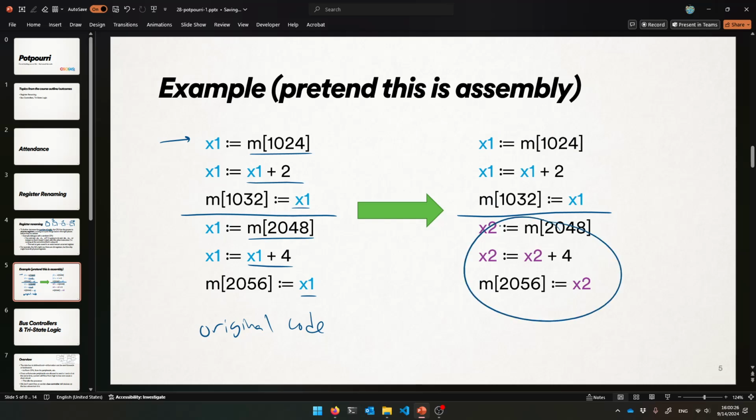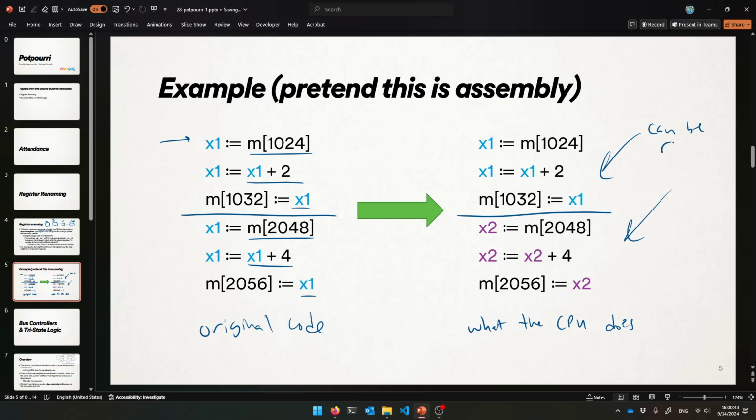So let's just call this X2 instead, and now this can be parallelized. This is what the CPU does. So now it doesn't have to worry. It can do both of these at once. Can be run at the same time. Isn't that cool?